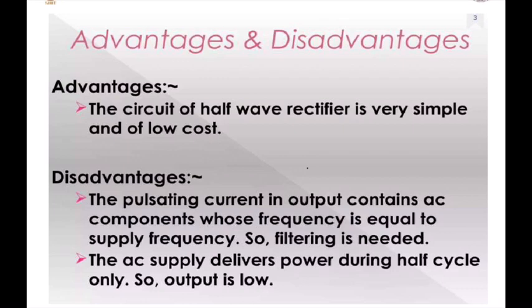So filtering is needed. Some amount of AC component still remains in the output, so we need a filter circuit to get pure DC. Also, the AC supply delivers power during the half cycle only, so the output is usually low.